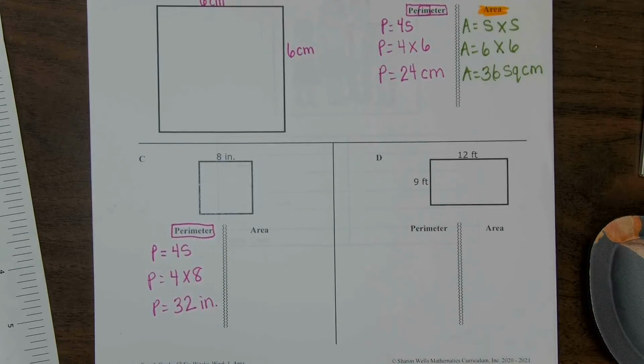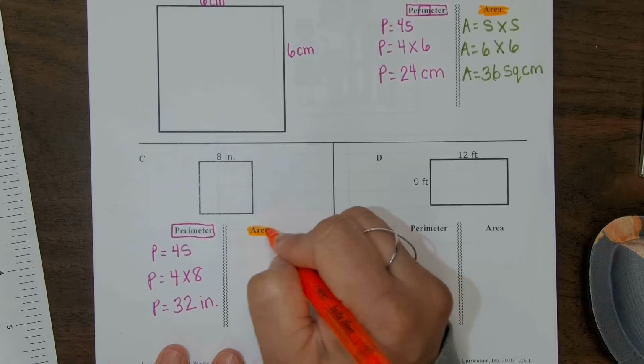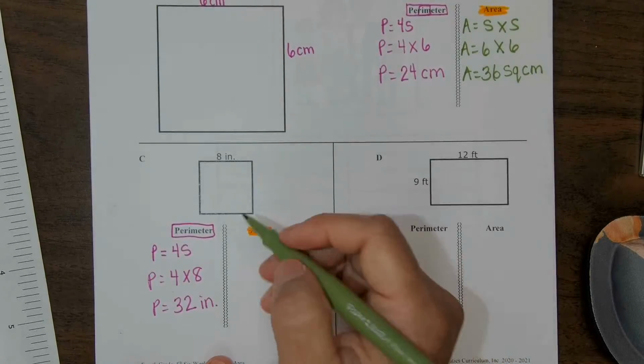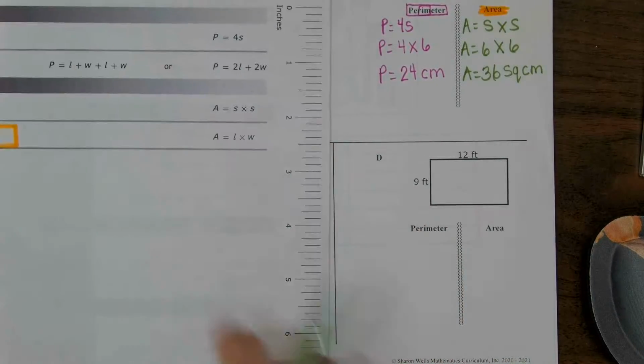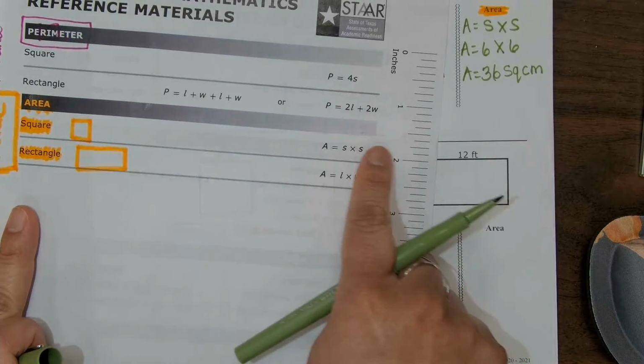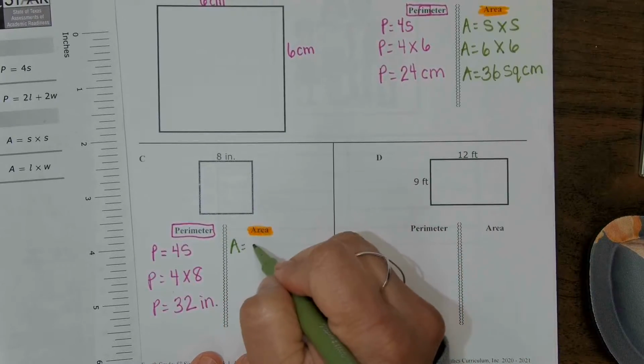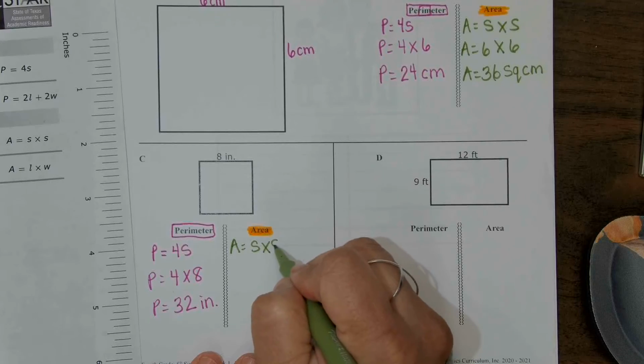Now we're finding the area, which is the inside. The area of a square is side times side. Boys and girls, make sure you're writing the formulas: side times side.